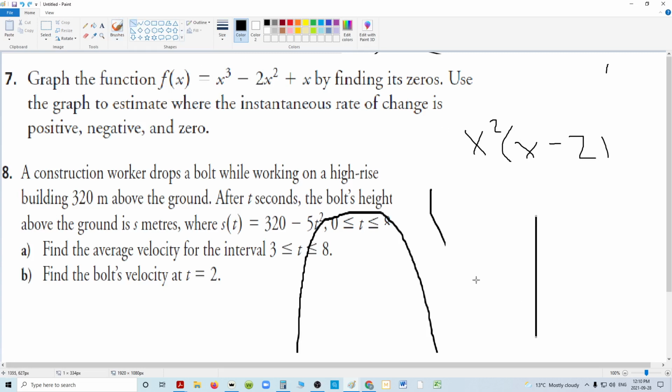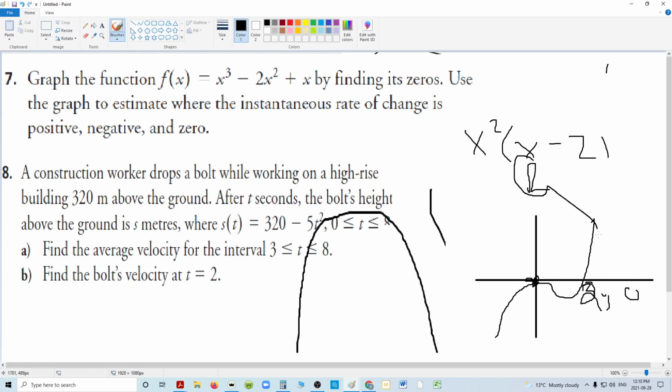So we're talking about something that comes up, bounces at 0, 0, and then immediately goes through 2, 0. It should be touching the graph here at 0, 0. So that's 2, 0. It'll go through because of this. When this is equal to 0, x must be 2. That's how you get it.